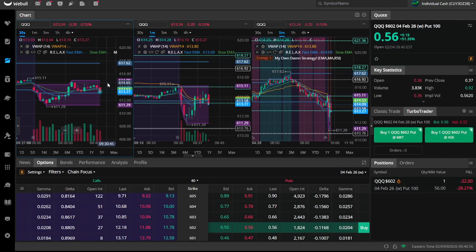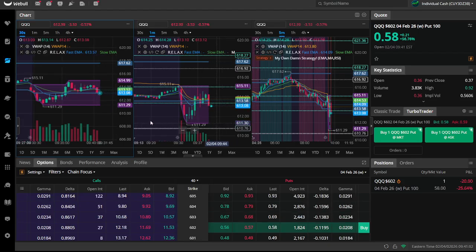The opening range, I would speculate, is fairly wide, from 611.29 to 615.11. This purple area is the 15-minute opening range. It's 9:41. We have 4 more minutes.